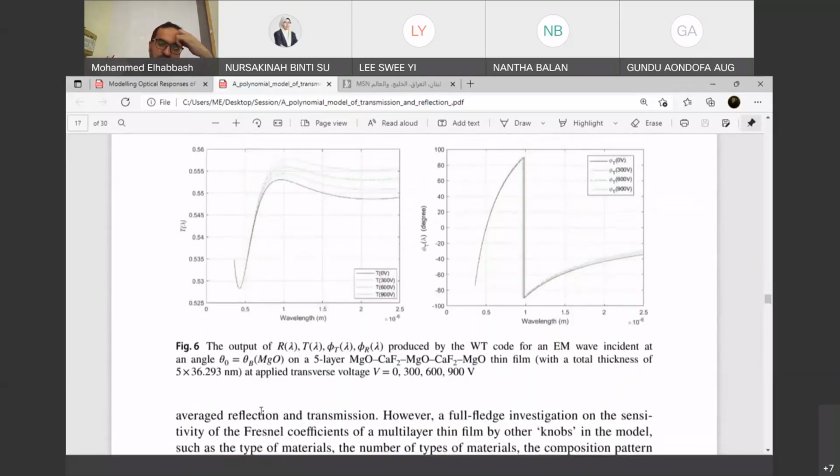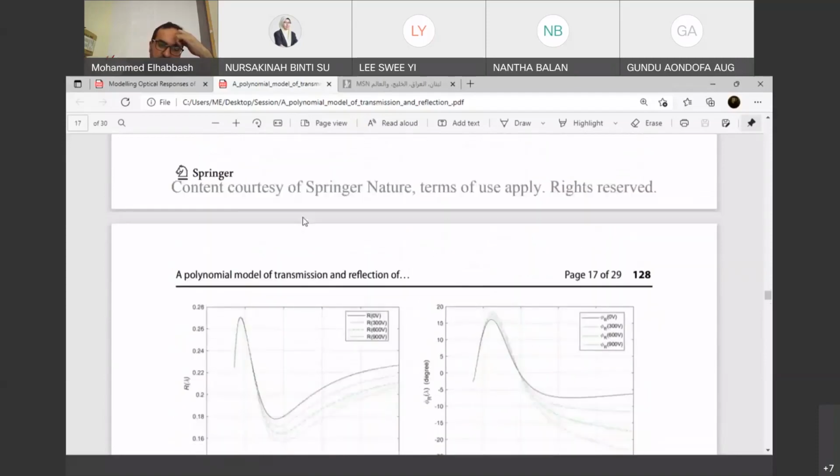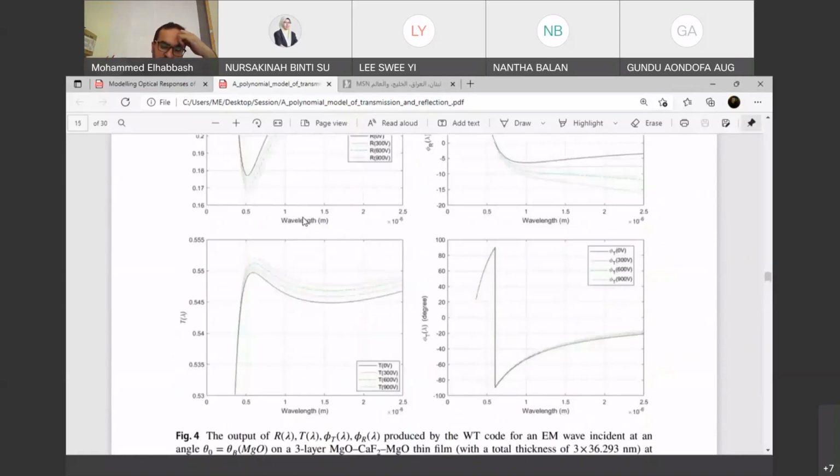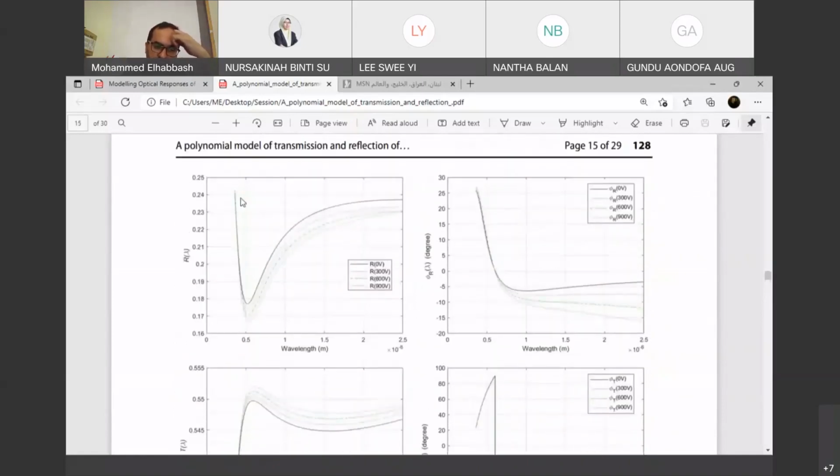If you compare the 5 layers with the 3 layers, you can find it is very similar. The shape of the reflection and transmission in general is the same. I don't mean that it is identical, but the shape in general is the same.